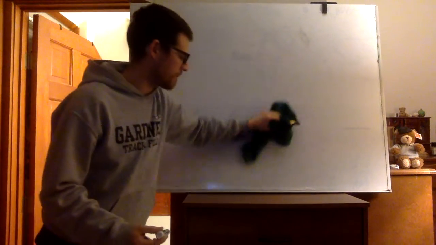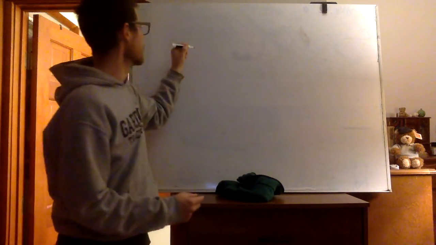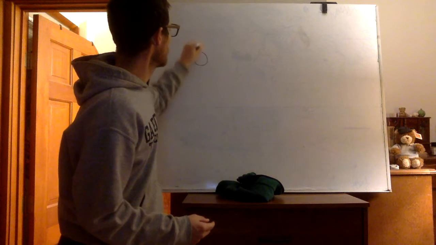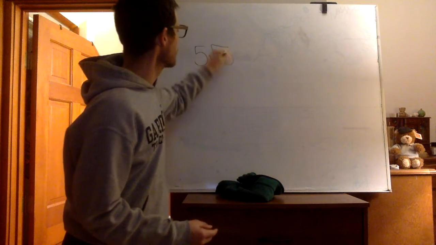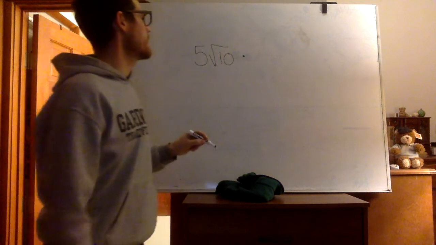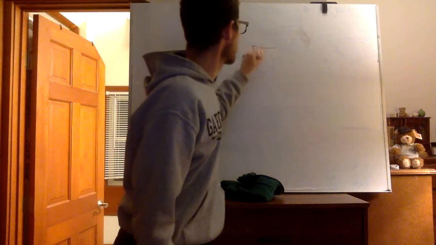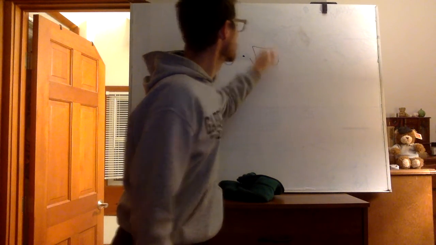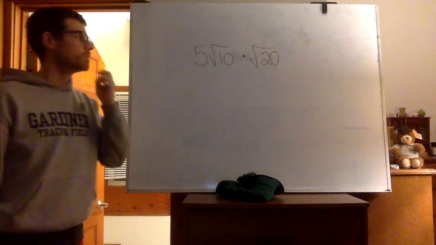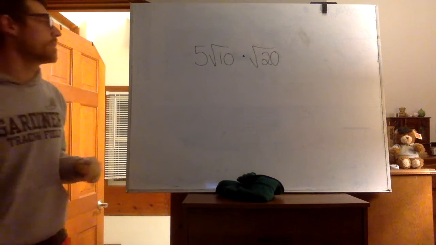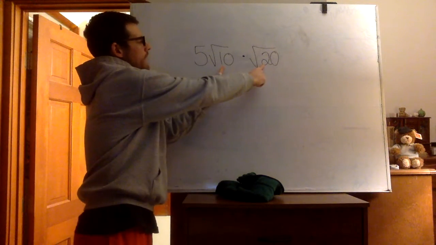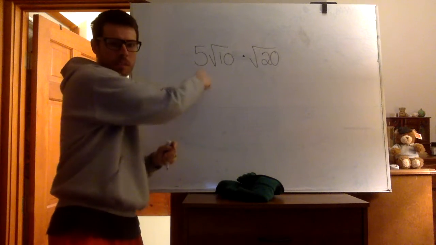And then the third example, what if your first number had something there like 5 root 10, and then the second number was just a radical. Now I'm looking and I'm seeing that there's 2 radicals, but there's only 1 number.